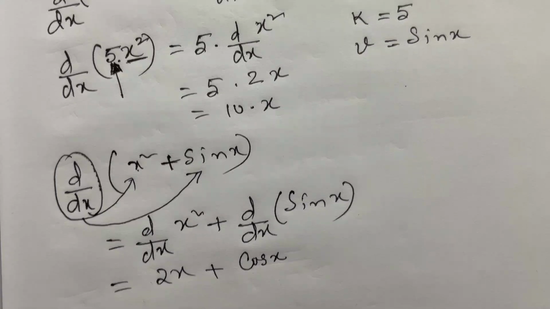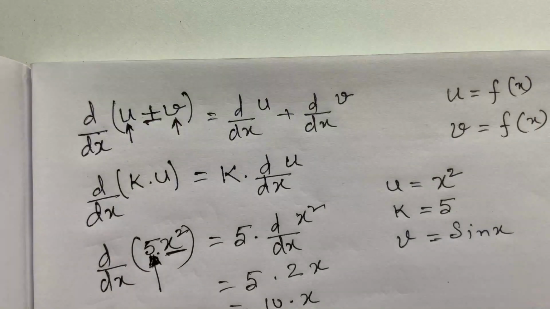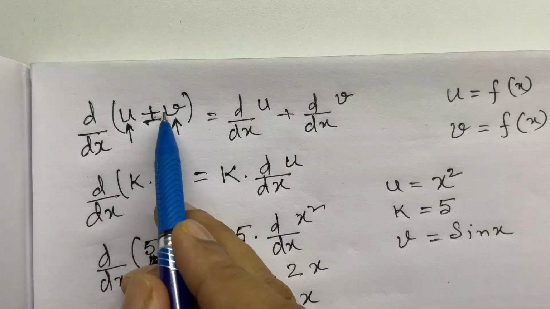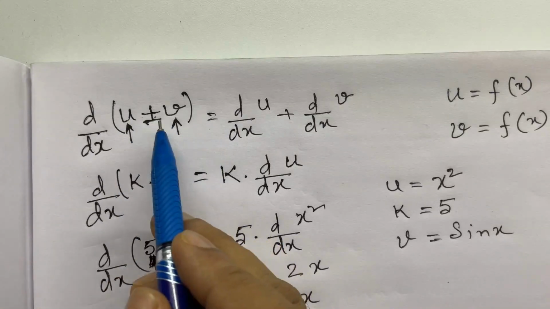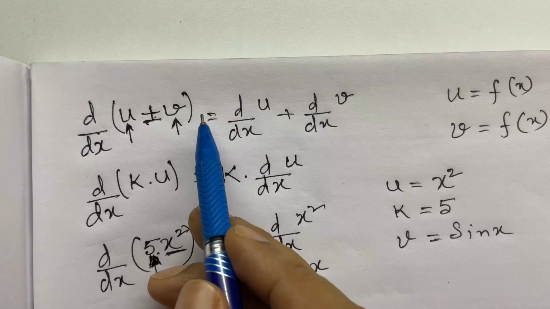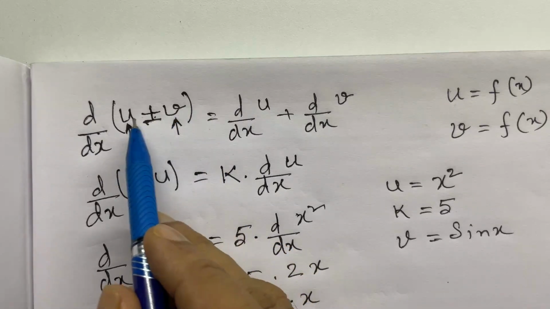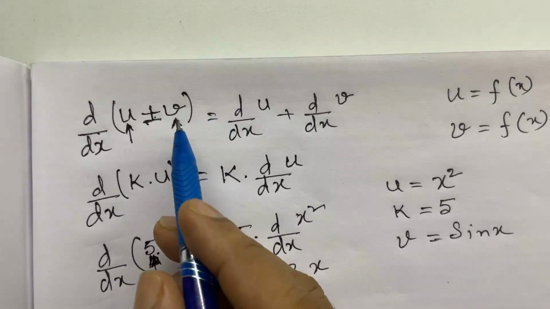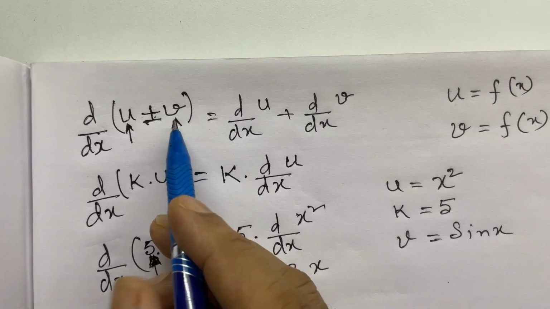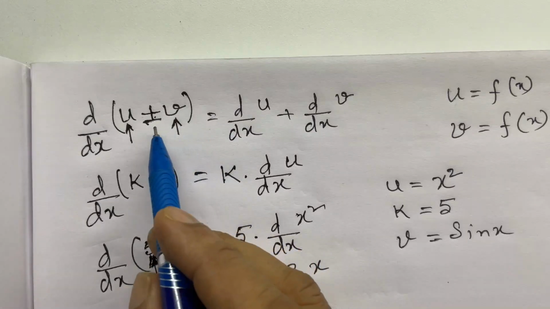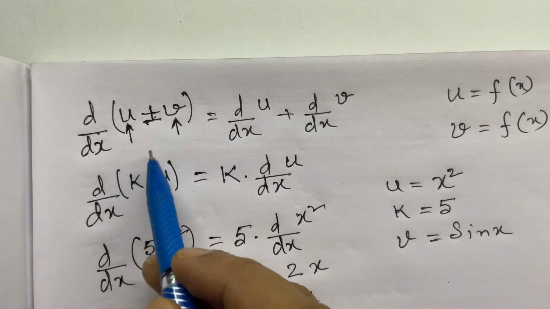So these two formulas we mentioned: first one is the summation or subtraction of two functions, or it could be n number of functions, u plus v plus w, as many functions or variables as are there related with plus and minus, d dx you can apply separately.